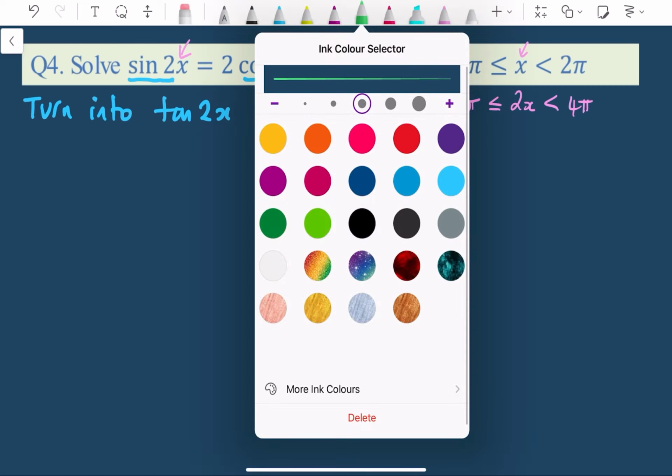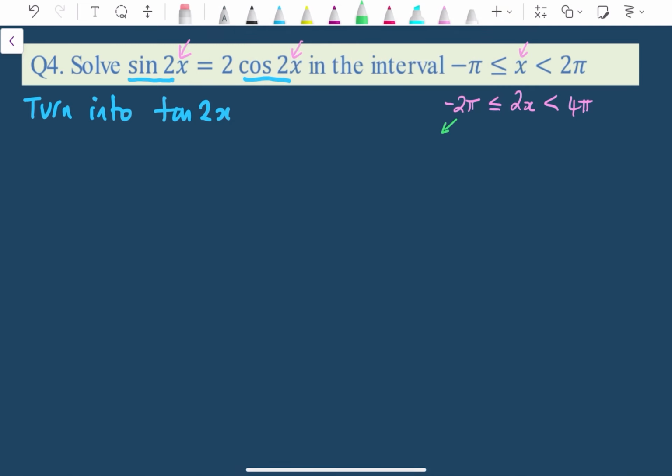The other tip I gave you is to turn this into decimals in the instance that I don't have nice exact values, so that it's easy for you to see when you've found all the solutions. That's negative 6.28, and 4 pi is equal to 12.566.